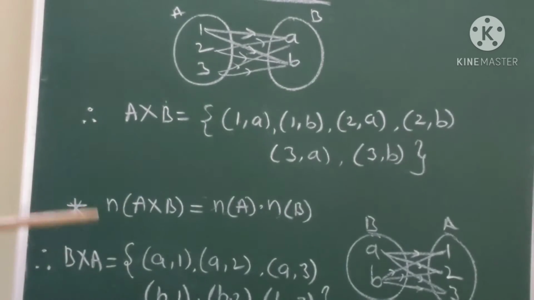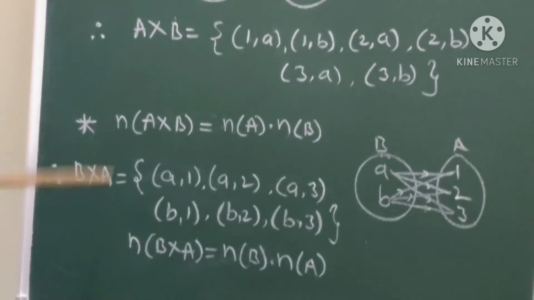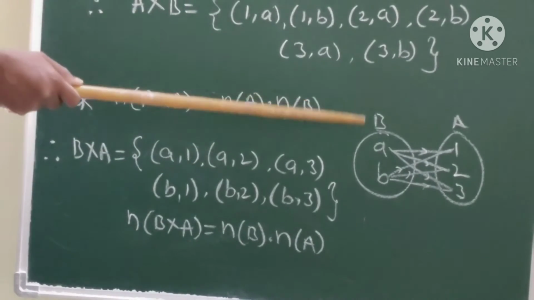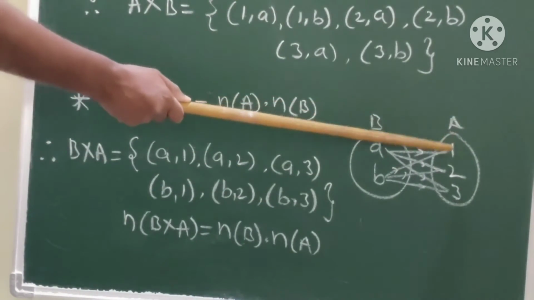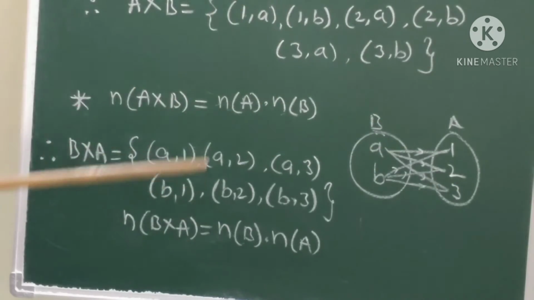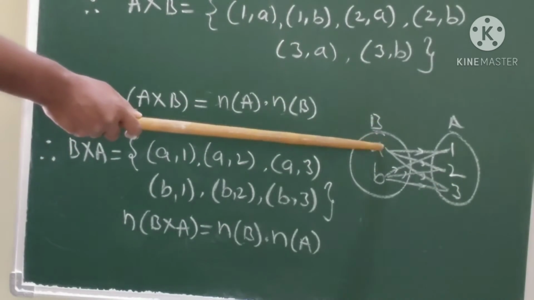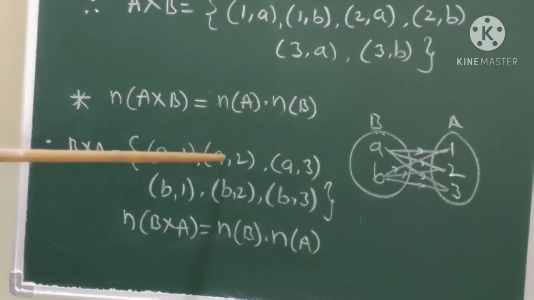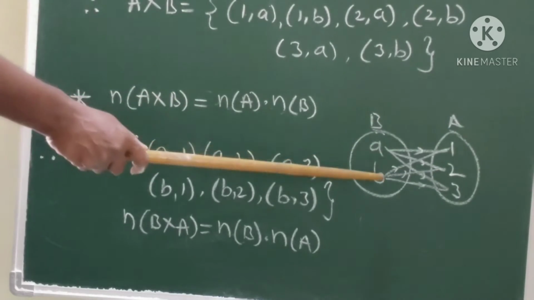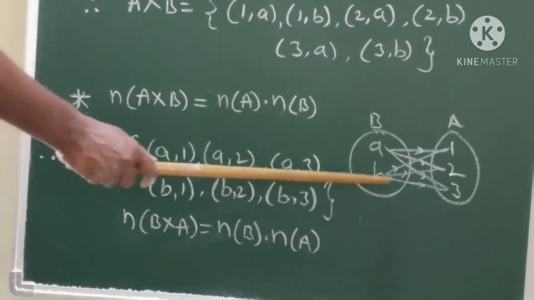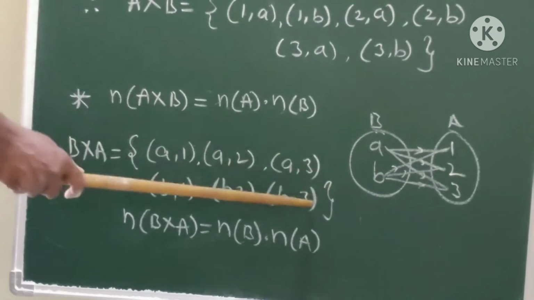Now let us see the example of B cross A. Here B cross A means B contains a, b and A contains 1, 2, 3. So the ordered pairs are (a, 1), (a, 2), (a, 3), (b, 1), (b, 2), (b, 3).